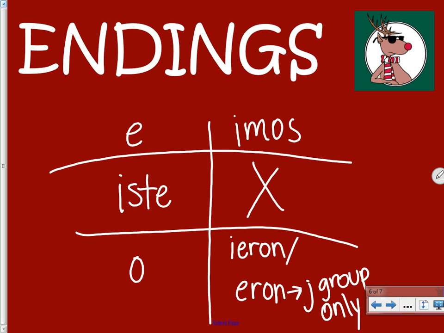So J group only, we drop that I. You're also going to notice that I didn't put any accents over anything, and that's because there are no accents in the irregular preterite.